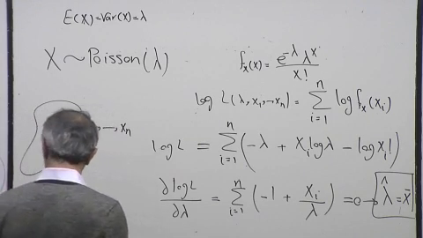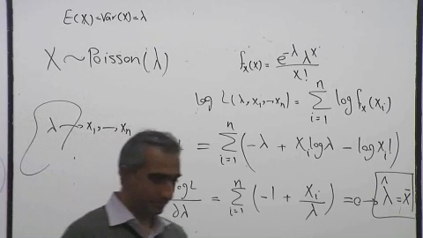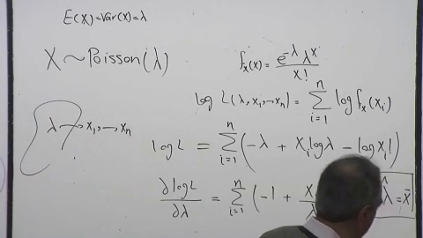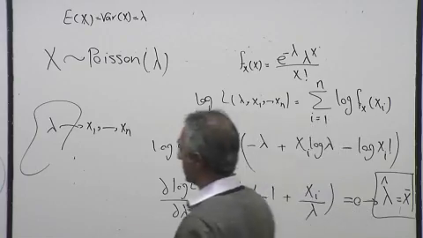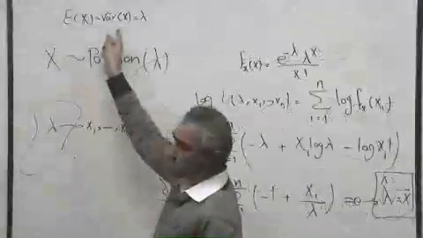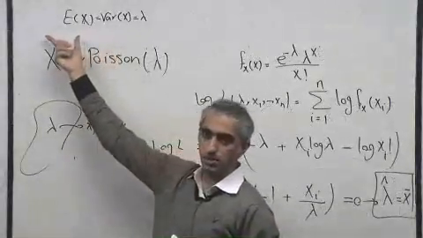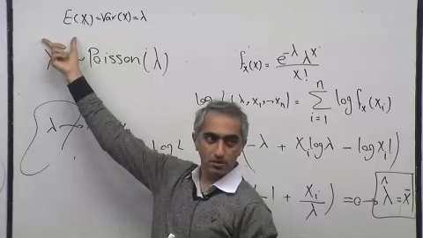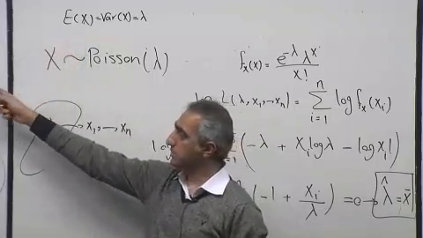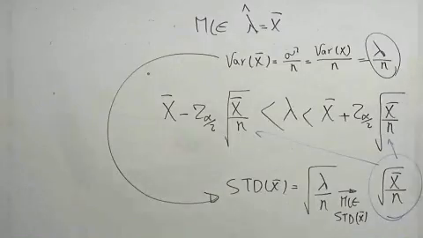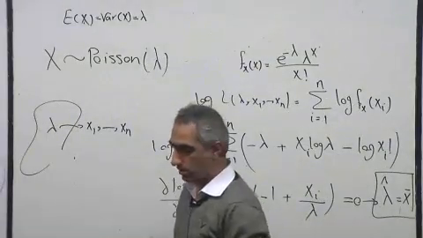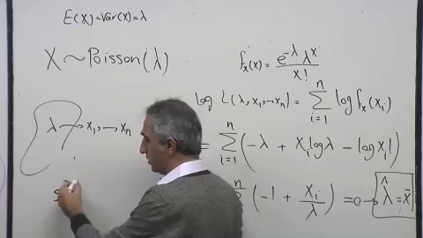It's actually a good question. So he's asking, because the mean and variance are the same, I used X bar to find the confidence interval. He says, can I use maybe S squared?